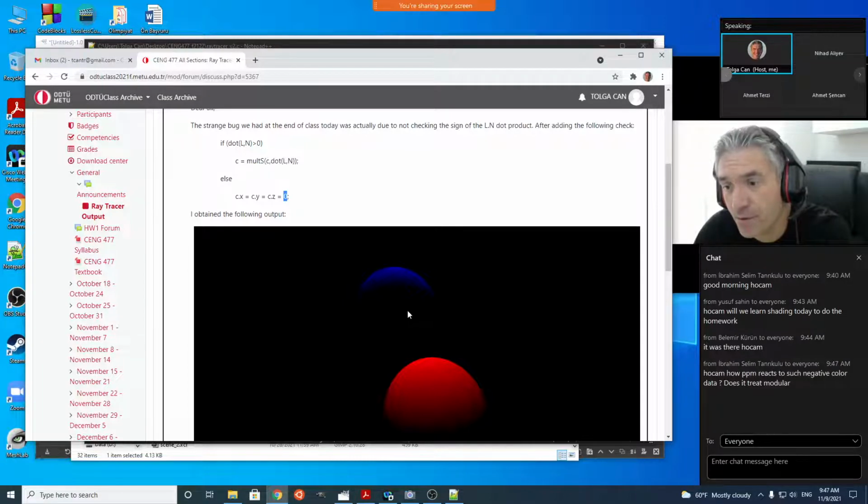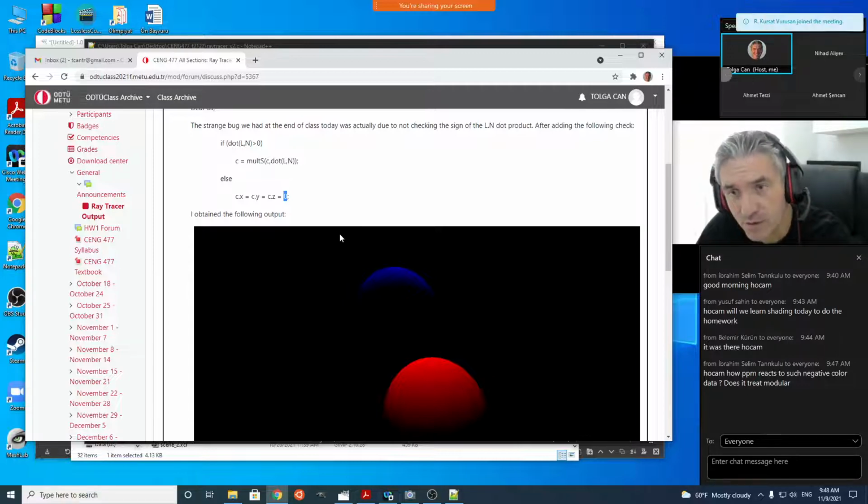And the third component of shading is, oh yeah, that's interesting. I think when it has negative data, that was maybe one of the reasons we had those strange bugs. The image we got with the negative colors, or the negative dot product, probably produced some negative colors there.